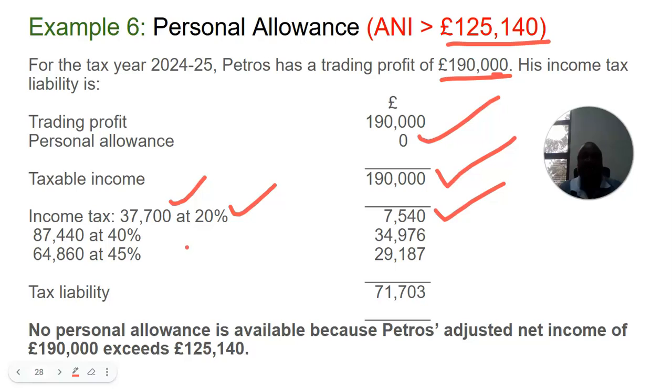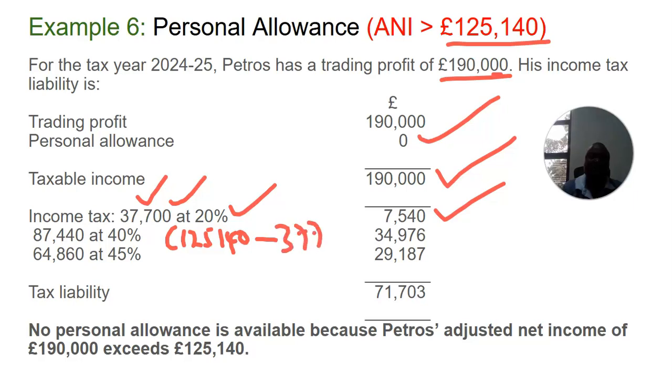Remember, the second band here is between 125,140 minus the initial band of 37,700. Obviously it should be this amount, and the tax is going to be that one. And then the balance, you do the same.